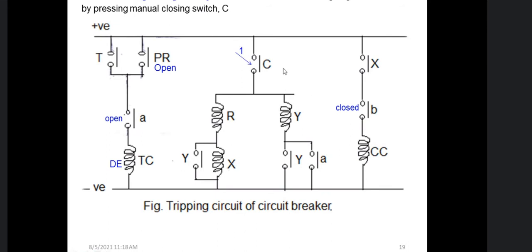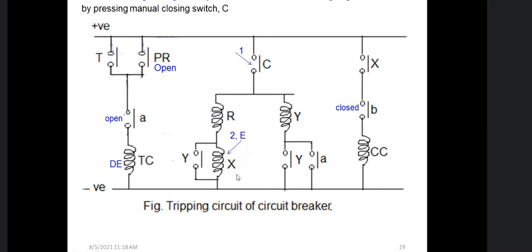Anyway, if the closing button is pressed, then A is open, which means this is open. The relay coil is not energized, so the voltage from the positive side will come across X, the coil corresponding to this contact X. So this coil will be energized.